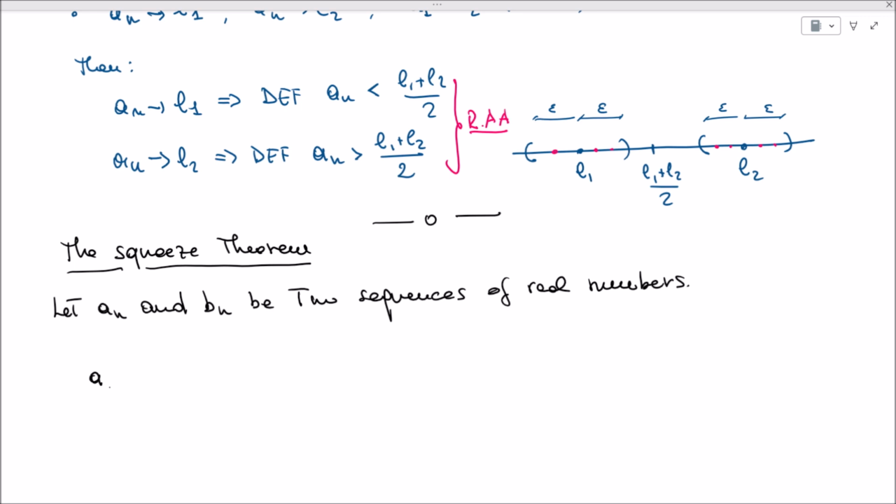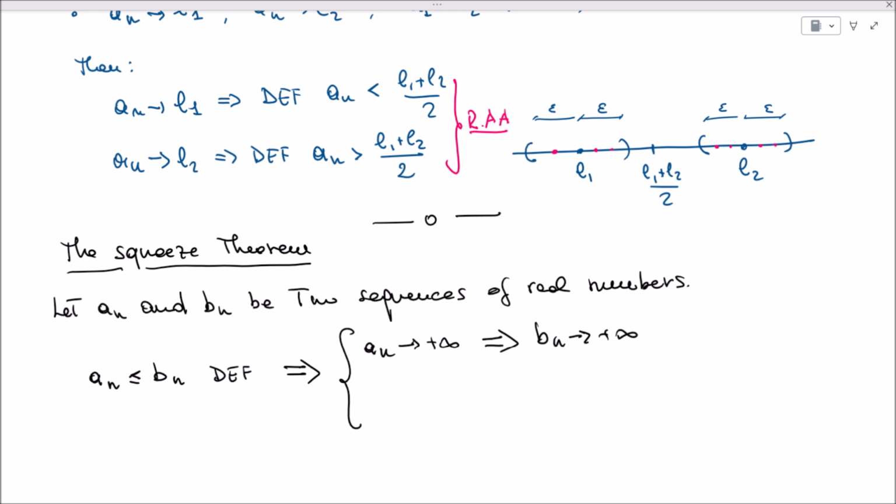If we have that an is less than or equal to bn definitively, then we can say that we have two possible behaviors. If an tends to plus infinity, then it must be that also bn tends to plus infinity. So if the sequence on the left is divergent to plus infinity, this is pushing the sequence to the right to plus infinity as well.